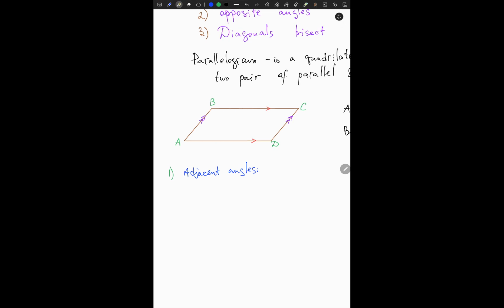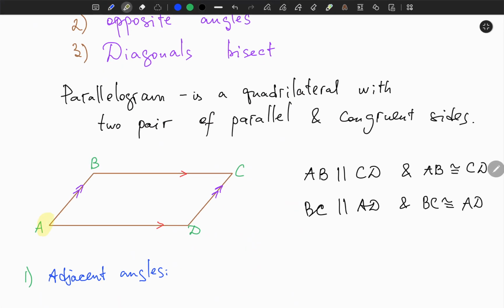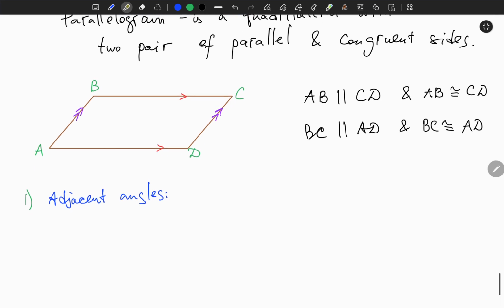If you start from C, your neighbor is going to be either B or D. If you start from D, your neighbor is going to be either A or C. This is the adjacent angles.